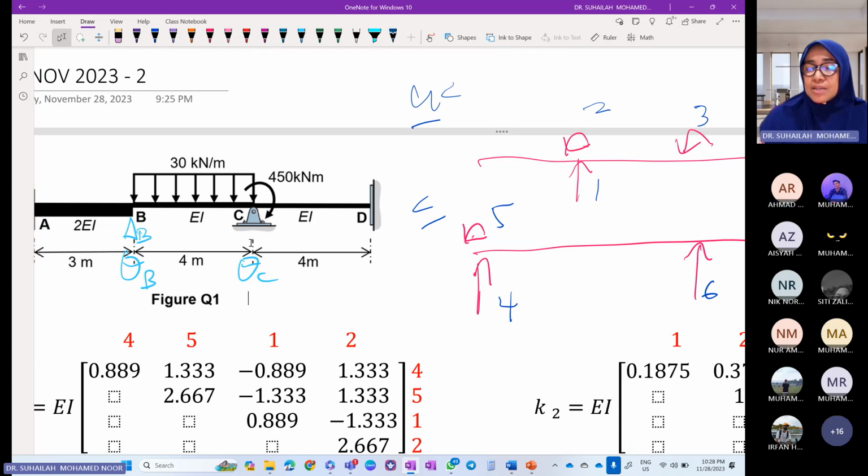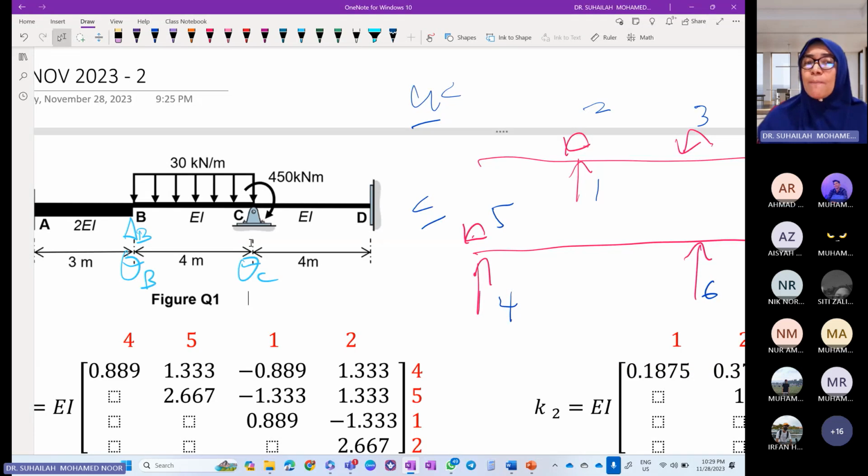Q1 is 0 because there is no vertical load directly at B. What is Q2? Q2 is also 0.